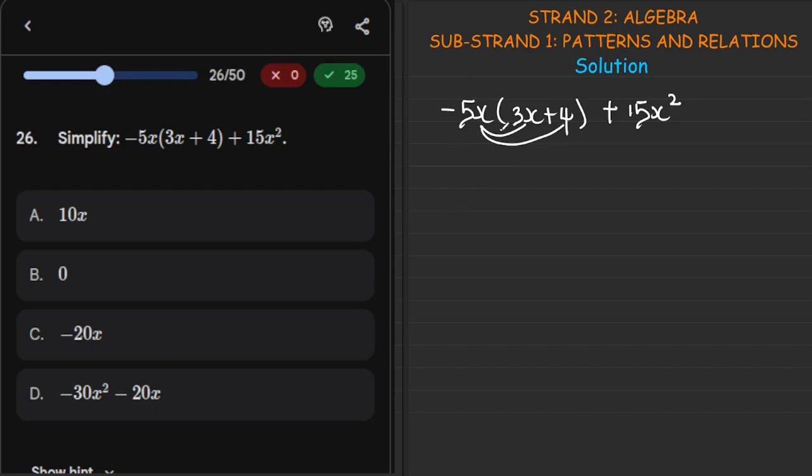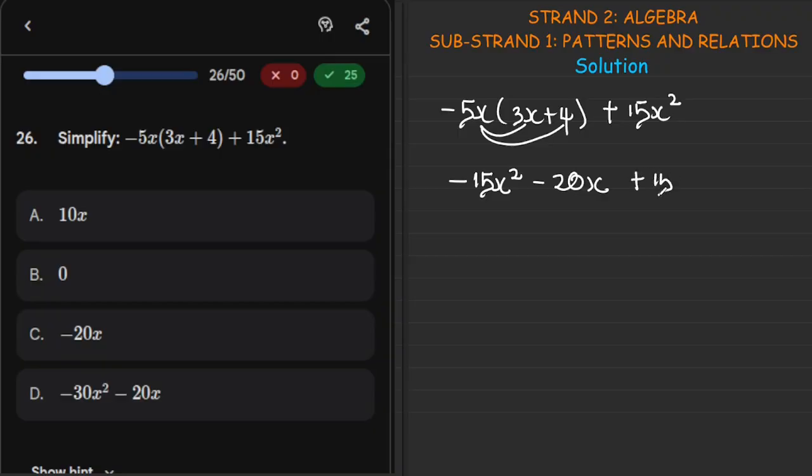So negative 5x times 3x gives us a negative 15x squared, because the 5 times 3 gives us the 15. X times x on the other hand also gives us what? The x squared. The negative 5 times 4 gives us a negative 20, not forgetting our x. So we put our x there.